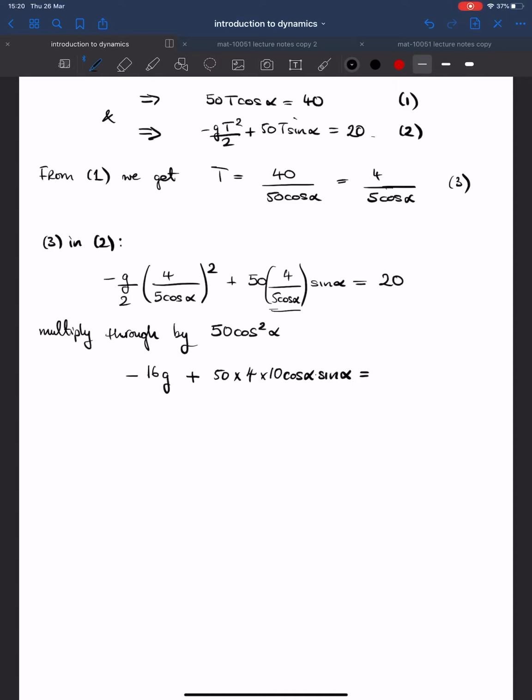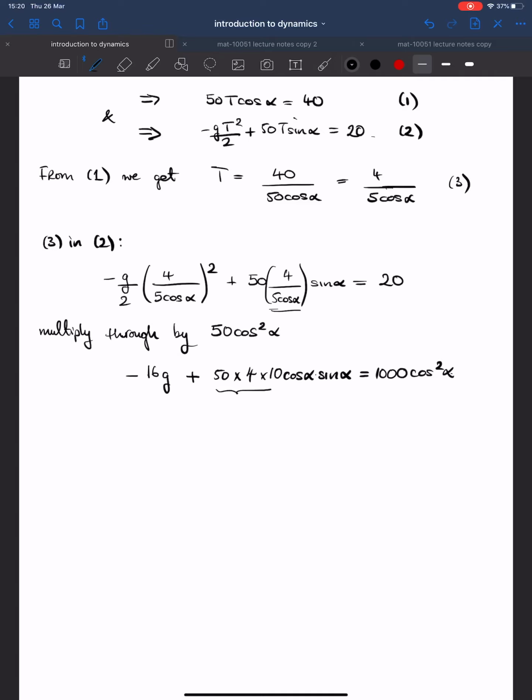Equals then 1,000 cos squared alpha. So now clearly we can do some simplification here.